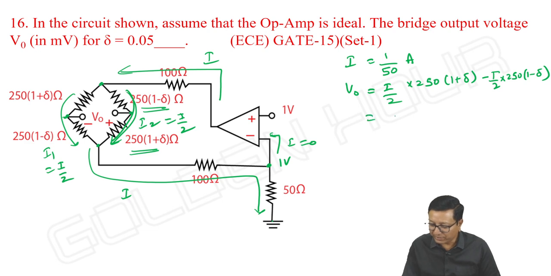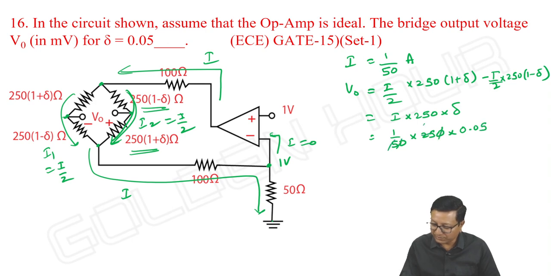The I by 2 into 250 terms cancel, leaving I by 2 into 250 delta plus I by 2 into 250 delta, which is I into 250 into delta. I is 1 by 50, so 1 by 50 into 250 into delta is 5 by 100, or 0.05.